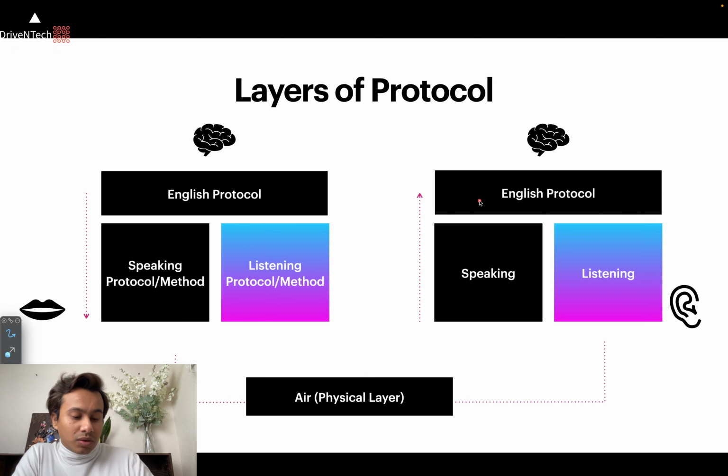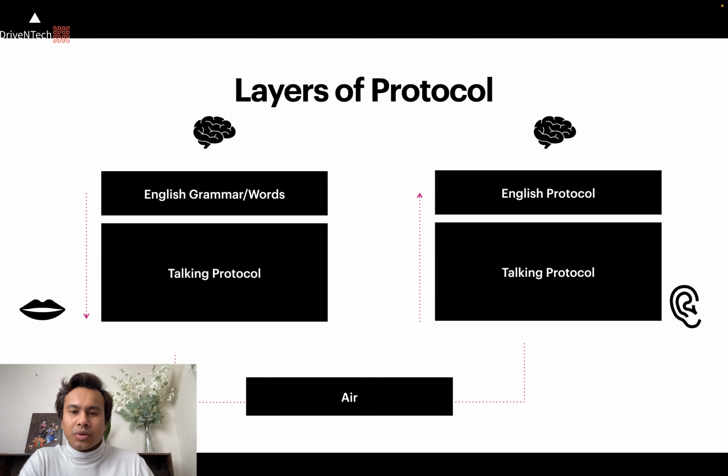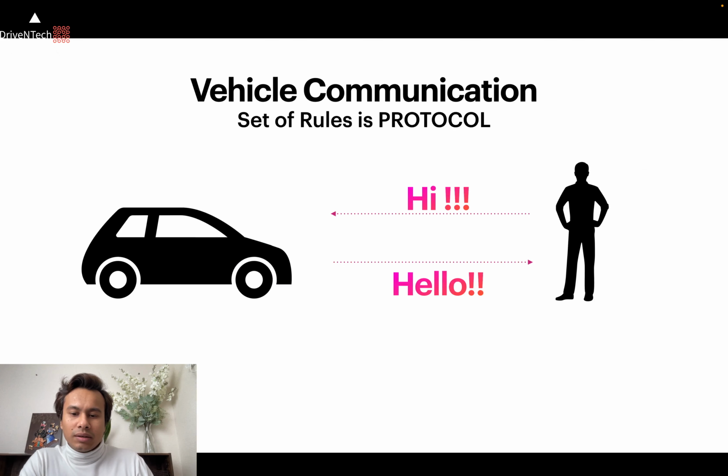So these are the layers, which are surprisingly very similar to the OSI model, which we'll speak about in the next sessions. This is how we communicate, how humans or living beings communicate. We have English and this protocol. In the case of vehicle communication, exactly the same thing has to be done.